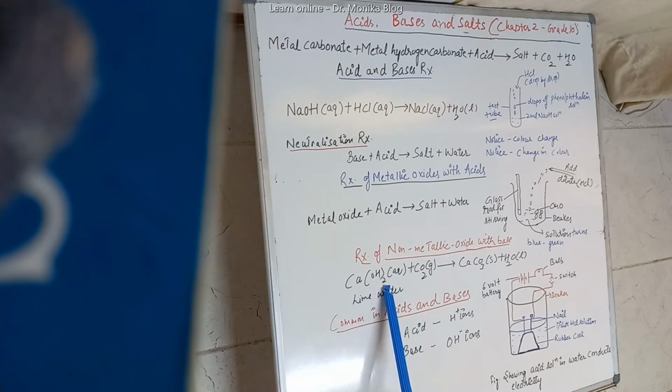Calcium hydroxide is a base, and when it reacts with carbon dioxide gas, it forms a salt, calcium carbonate, and water is produced. So this is similar to the reaction between a base and an acid.